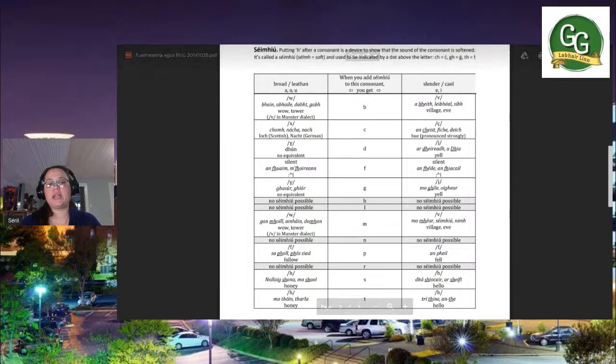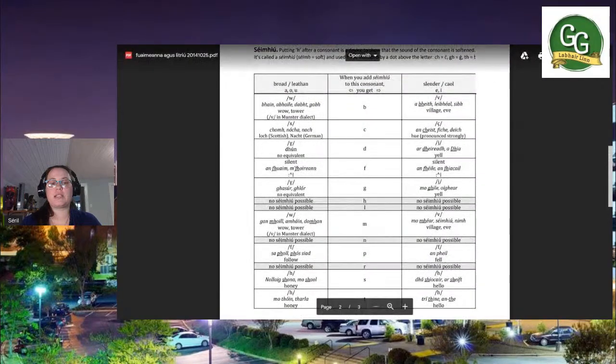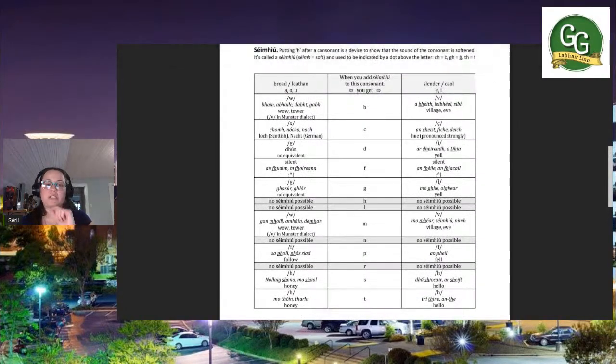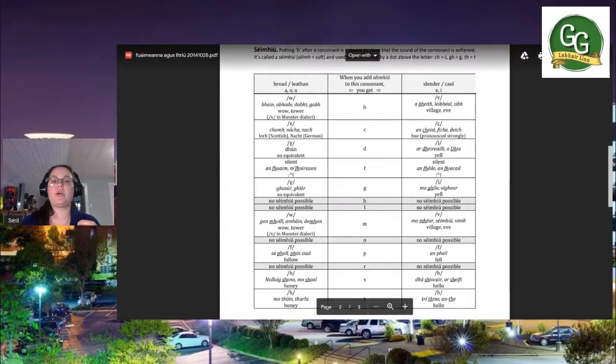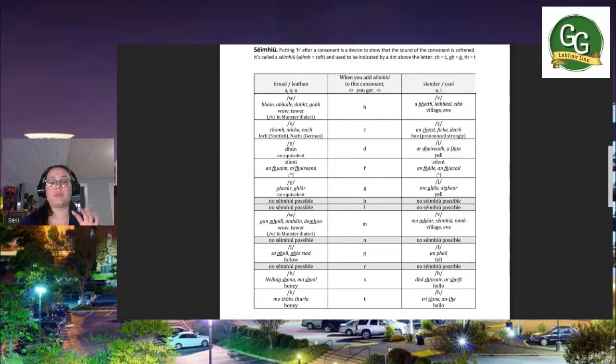Now, C, when it gets an H, when it's near a broad vowel, it's going to be that sound in your throat. But when it's beside a slender vowel, it's going to be like an HY sound.